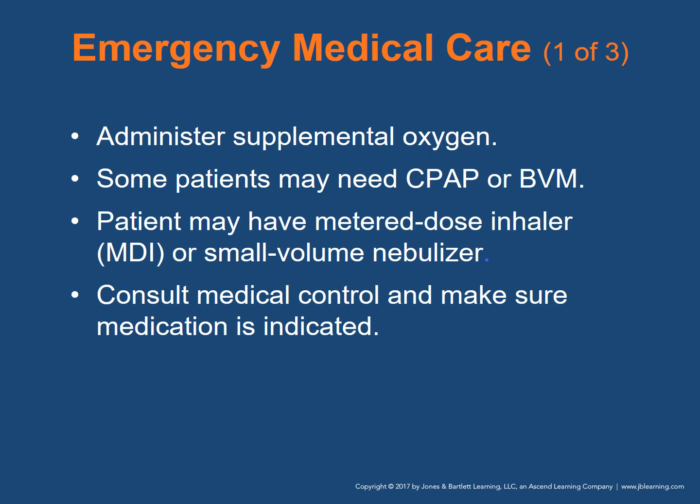If they have a metered dose inhaler because they have a history of asthma or some other lung disorder that allows them to get a prescription, can I assist them? Do they meet the signs and symptoms of that and the indications of being able to do that? And then if necessary, I'm going to call medical control.